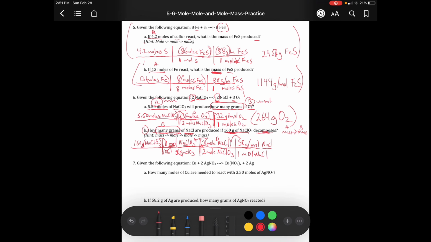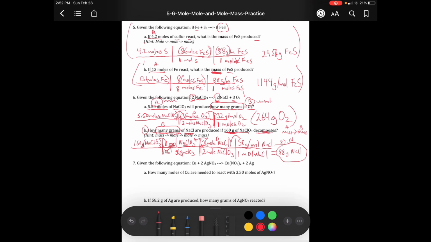And then we're going to multiply again by 58, and we're going to divide that by 1. The number on the calculator is going to be 87.54, but we are going to round that, and we are going to say that 88 grams of NaCl are produced. This is our answer.